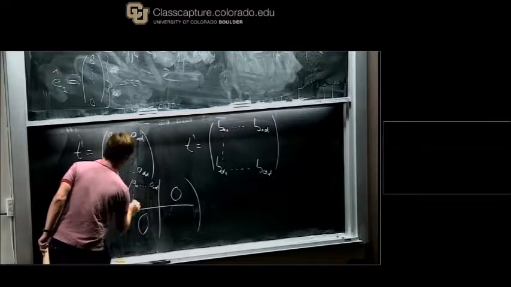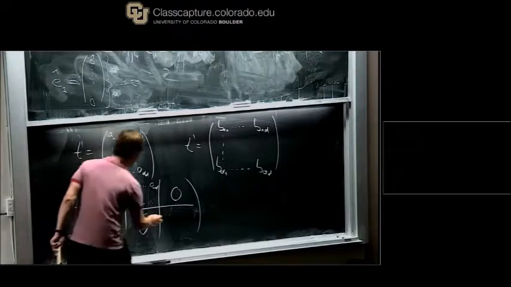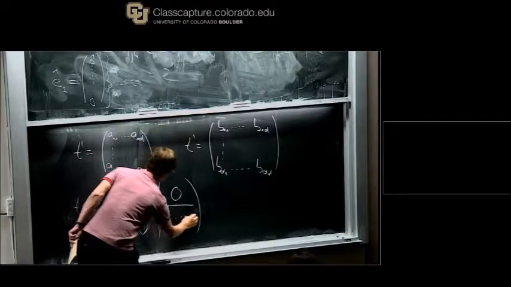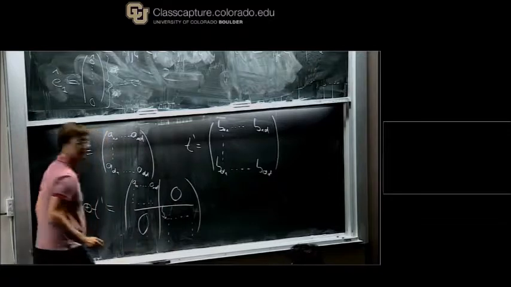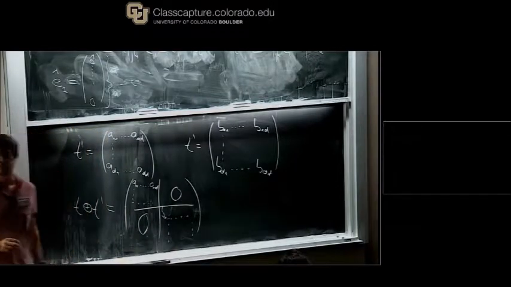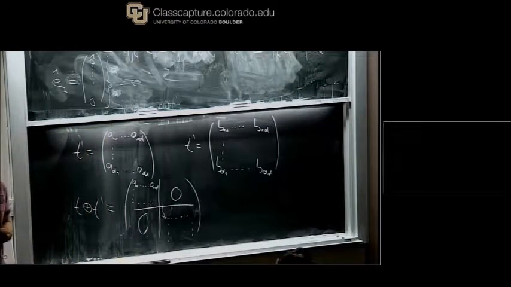It's just T that's up there, and this one is the B. Okay? So we'll just turn into a block diagonal matrix.